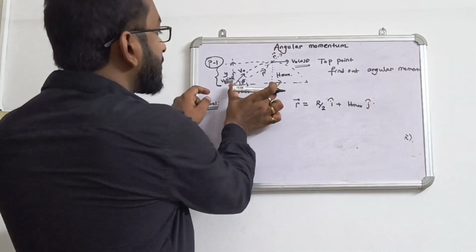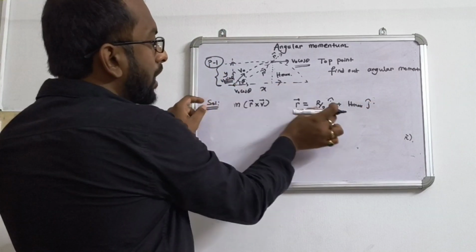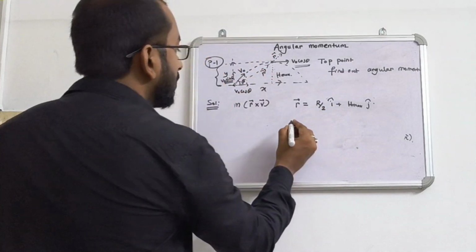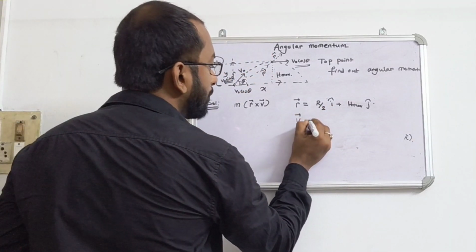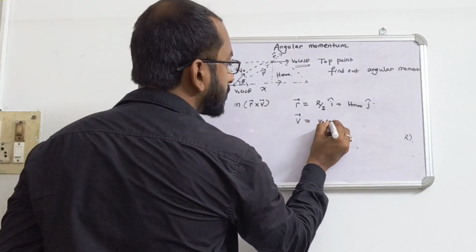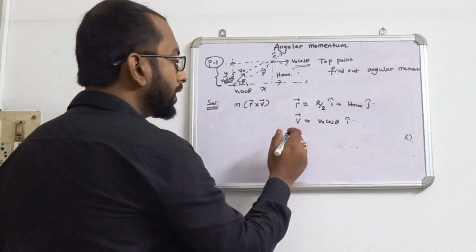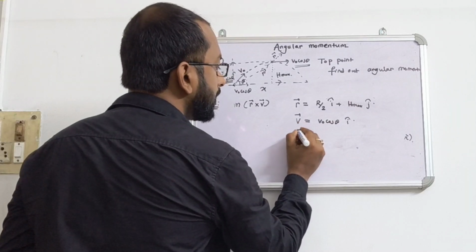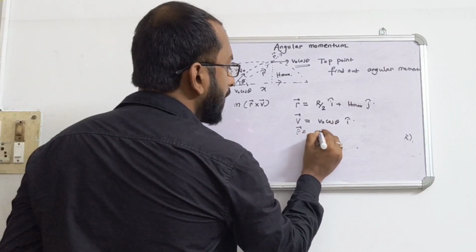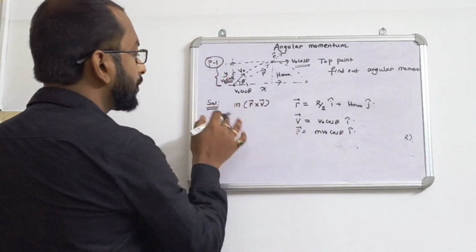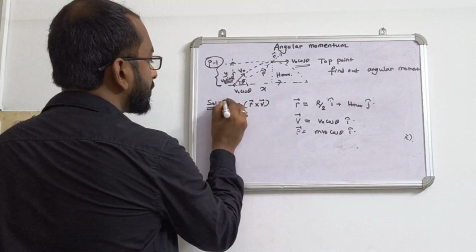So this position x is R by 2 and the y position is h max, this point. And the velocity vector at the topmost point we can write as v naught cos theta i cap. And the momentum vector would be m v naught cos theta i cap. That we can also write, but it is not required, since we are using this formula.